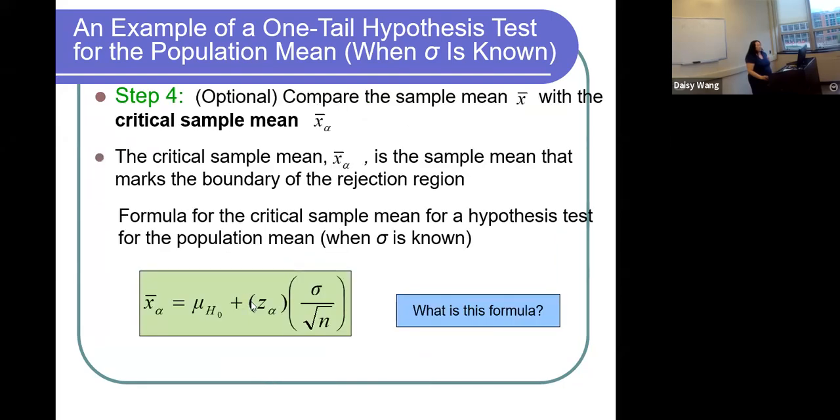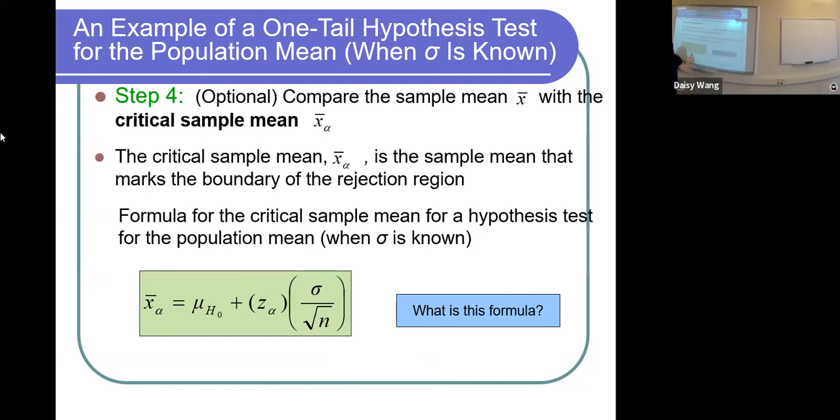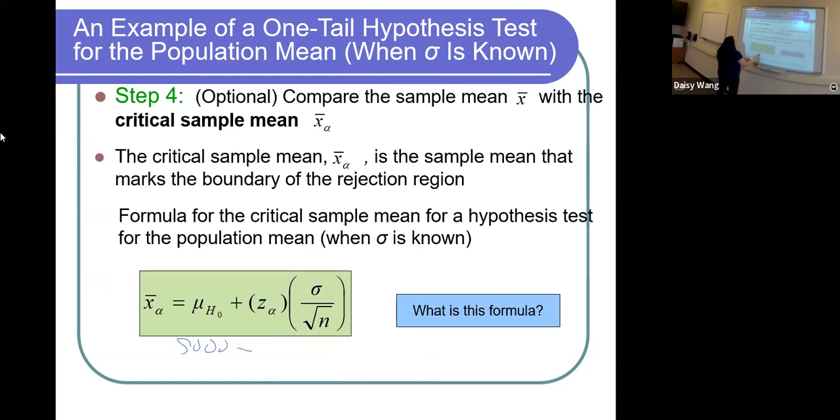We can use this. So the Z is, this is 8000.